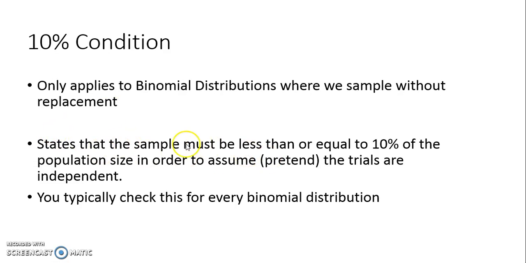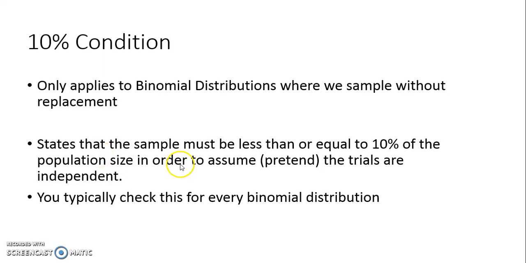So what it states is that the sample has to be small compared to the population. That's not when we can use it. I think a lot of you were confused with that. We use it when we sample without replacement, but the condition states that in these scenarios, the sample must be less than or equal to 10% of the population size. A lot of people think that means that we always want small samples, but that's just not the case.